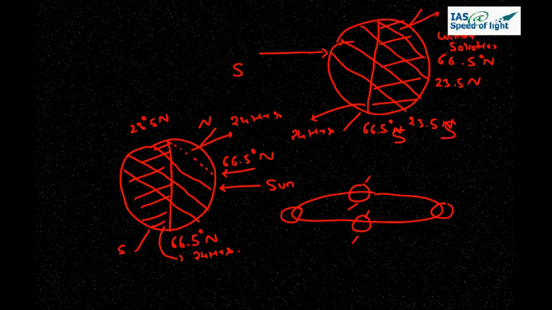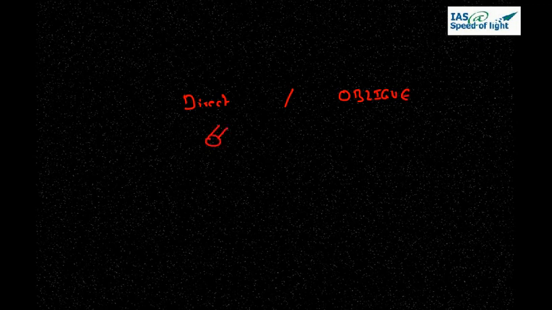Let us understand one more thing. What is the difference between the direct rays and the oblique rays? Now suppose you have a torch with you and you are making it focus on a smaller part. So now this part becomes an intense light, or light with more energy.